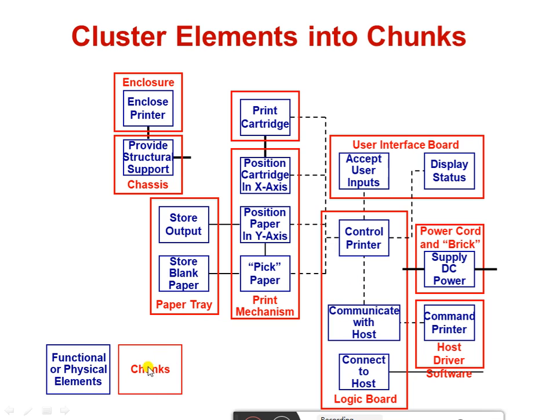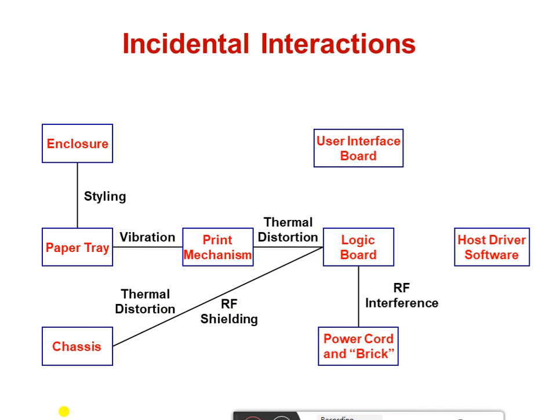So these chunks have many functional or physical elements. So we divide this into functional or physical elements and chunks. You might have studied this already in earlier topics. So this is an overview of this.